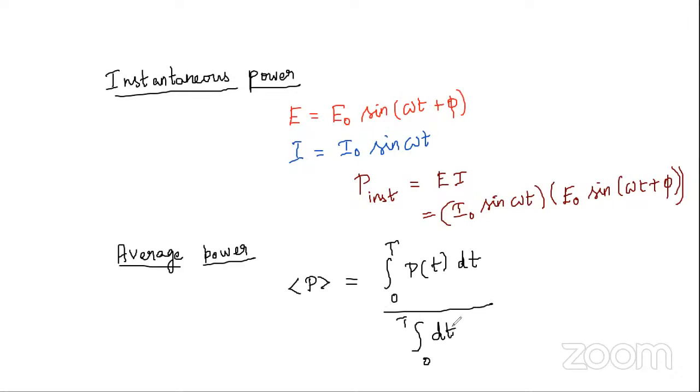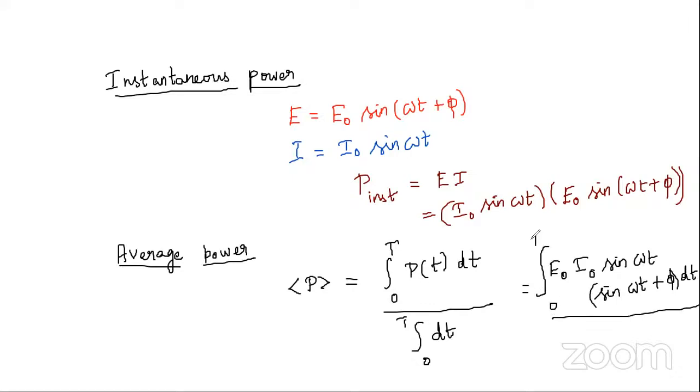This is the expression for finding the average power, and the instantaneous power you have here: E naught I naught sin omega t multiplied by sin omega t plus phi, dt, integrated from 0 to T. In the denominator, when you integrate dt from 0 to T, you will get time T. So after integration, the average power is given by this expression.